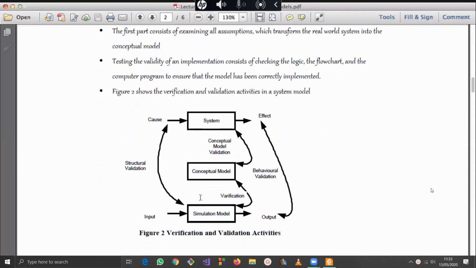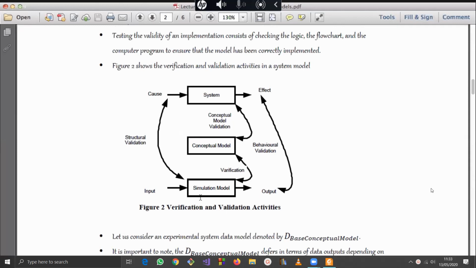We also looked at what we call the cyclic nature of verification and validation. In this case, we are looking at basic aspects on one side. We are looking at the real system up there, and on the lower side, you are looking at the simulation. You are able to compare the performance of the model vis-a-vis the real scenario.